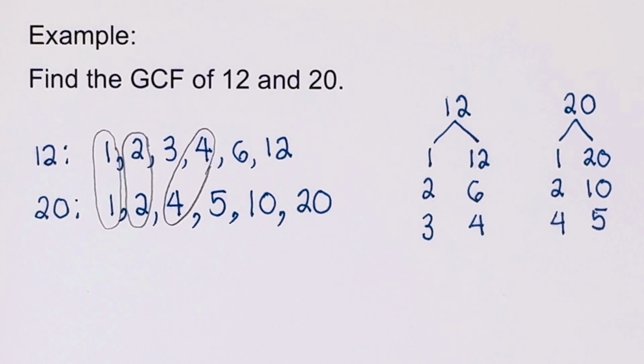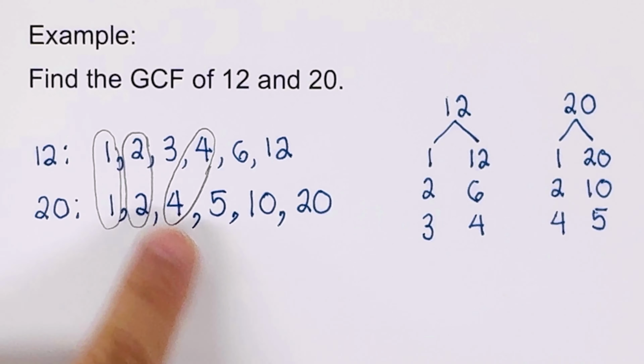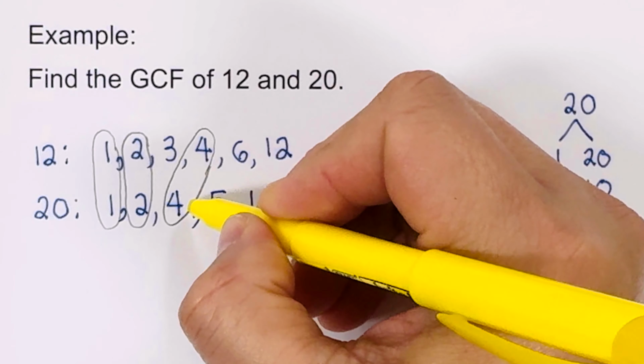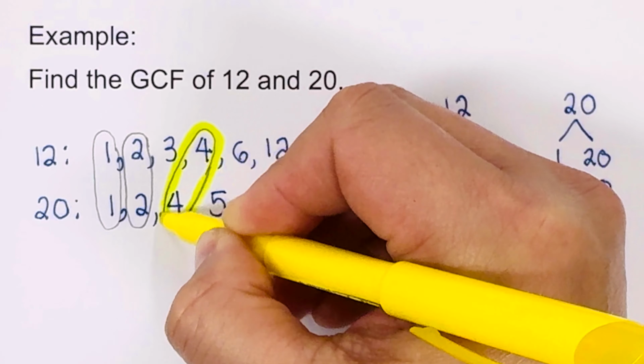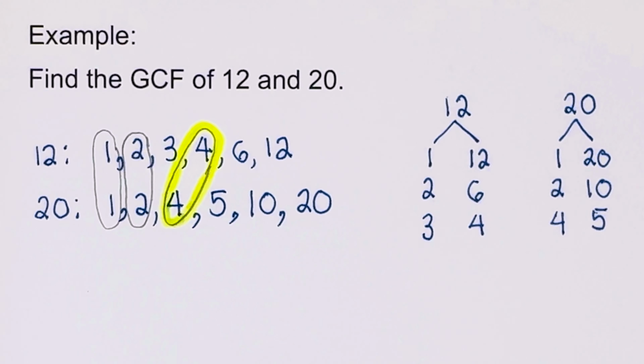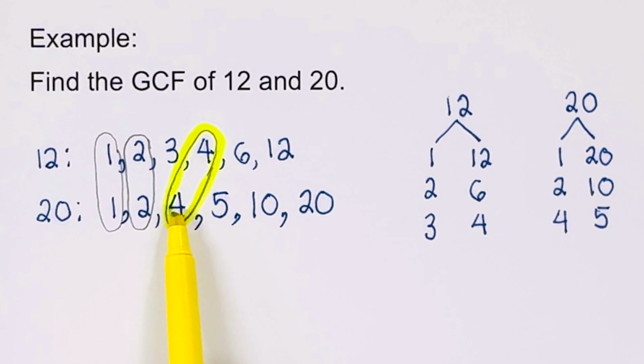Since the greatest common factor is the biggest number among these common numbers, we can therefore say that 4 is the GCF of 12 and 20. The reason for that is 4 is the biggest of these three numbers. So I'm going to write that down here.